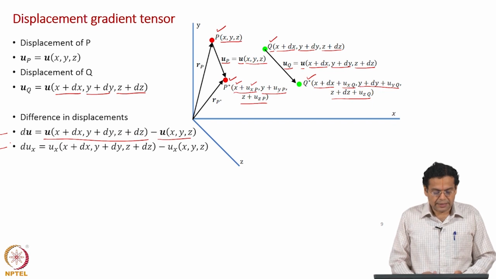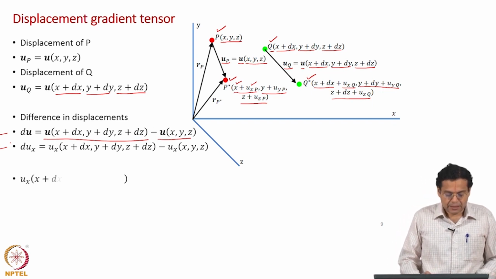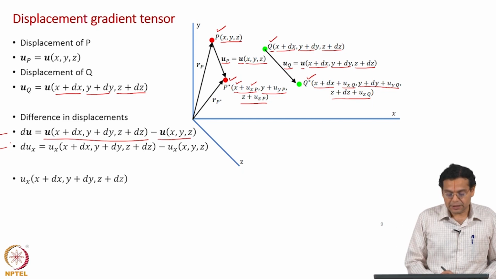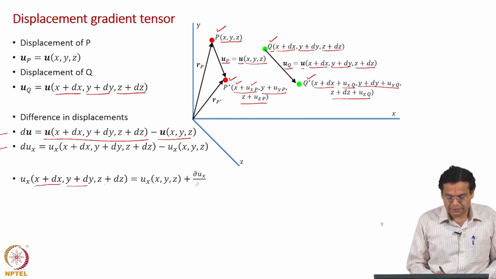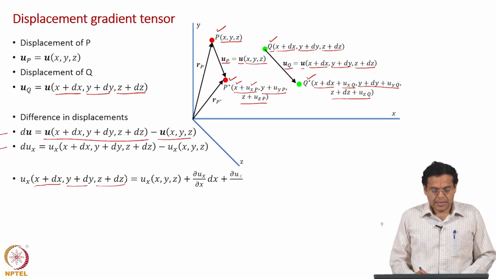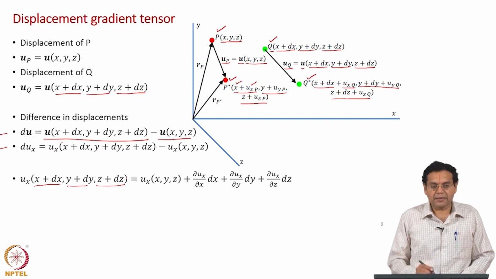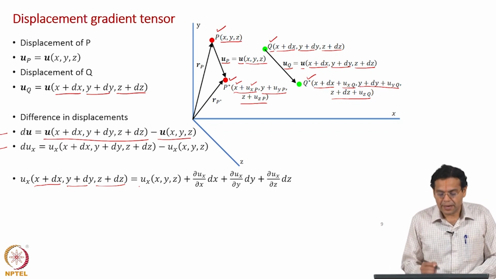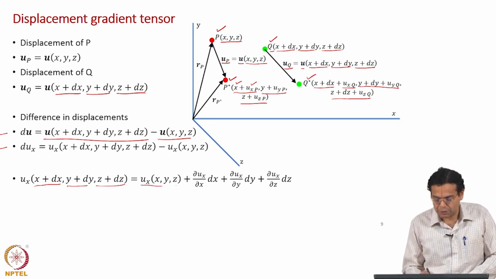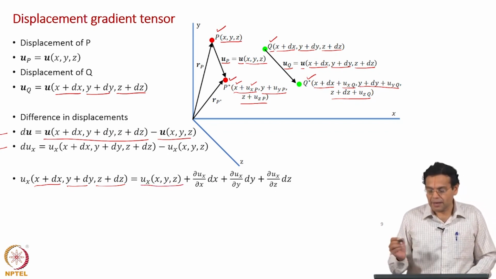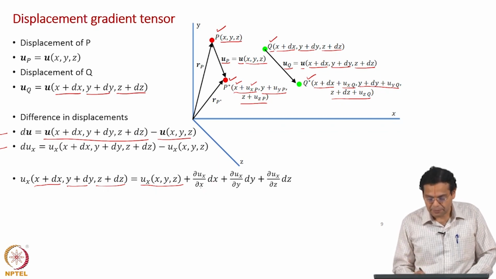Now, we will take this displacement ux at x plus dx, y plus dy, z plus dz, and we will write it in terms of a Taylor series. Taylor series is familiar to us, and here of course there are multiple variables, so it is a multiple variable Taylor series. How do you write it? You expand about x y z. So, the first term is ux at x y z, then you have all the derivatives, of course in this case partial derivatives.